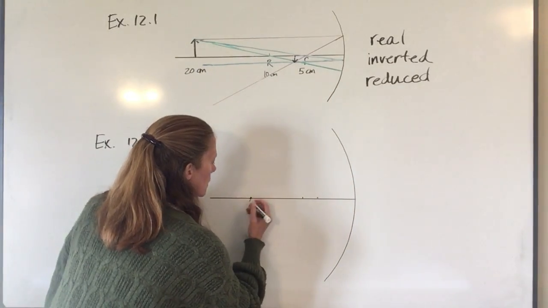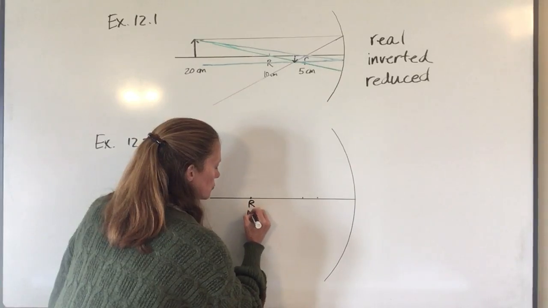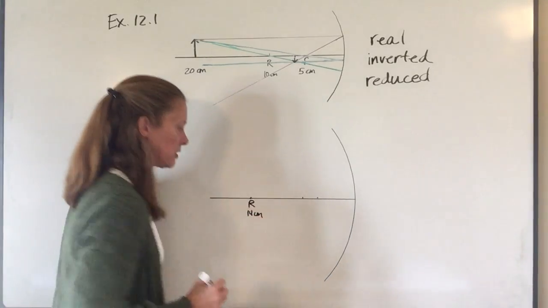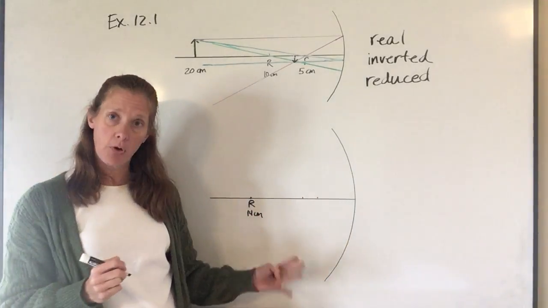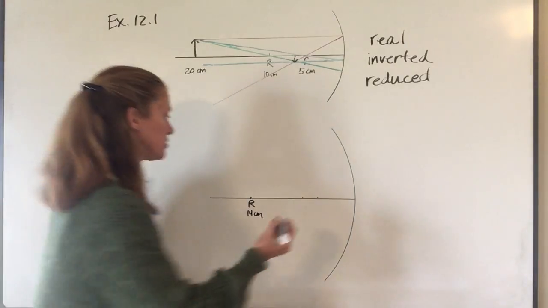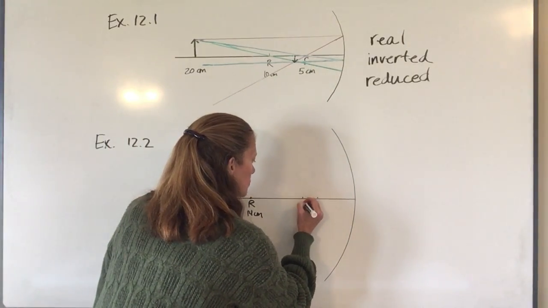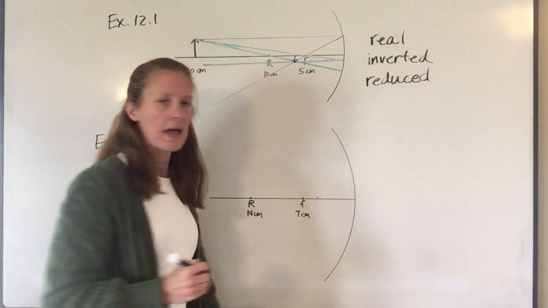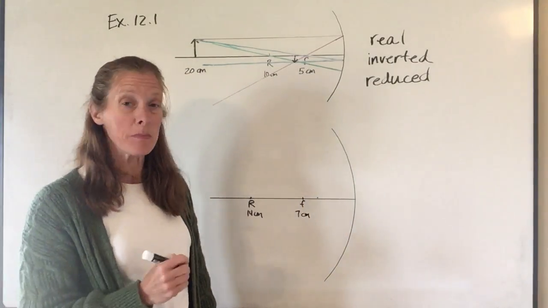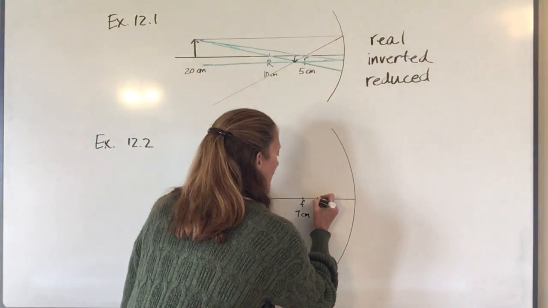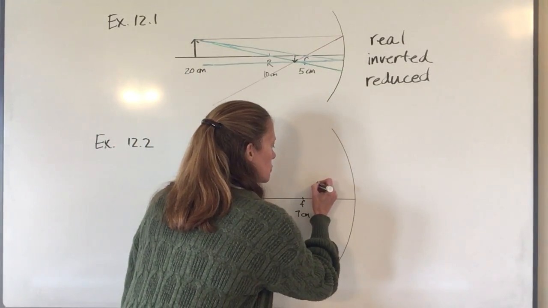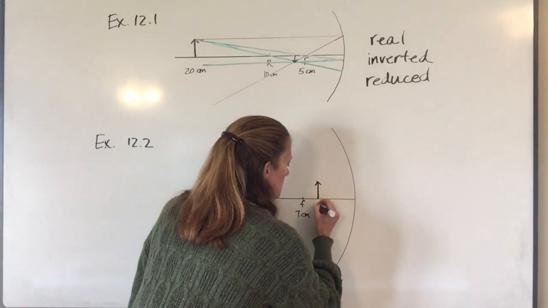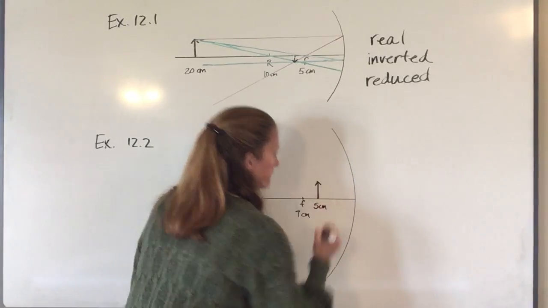This right here is the radius of curvature, so this one is going to be at 14 centimeters. Where does that mean the focal point is? Focal point's going to be at 7 centimeters, so my focal point is right here at 7. And then it said that the object is located at 5 centimeters. So my object is located right there.